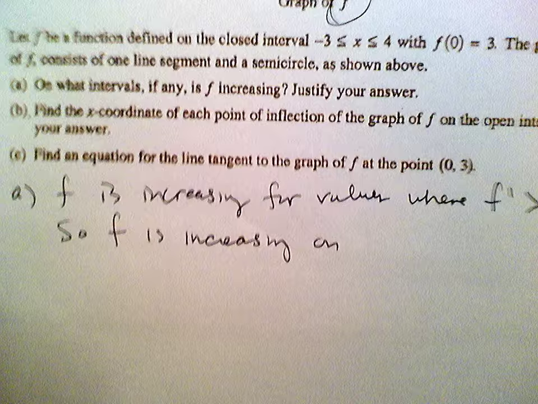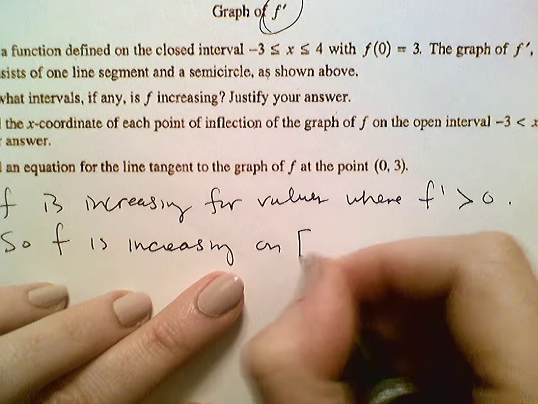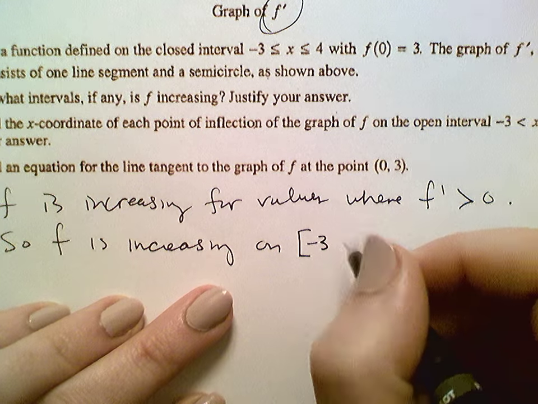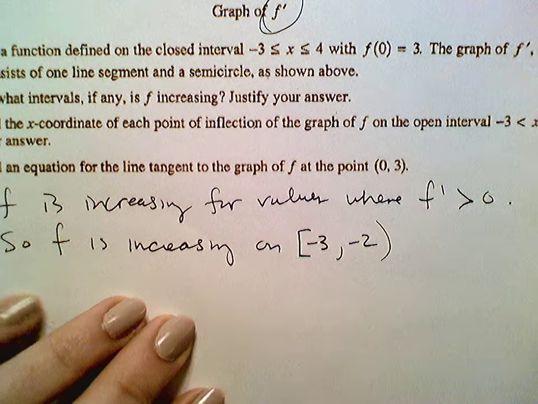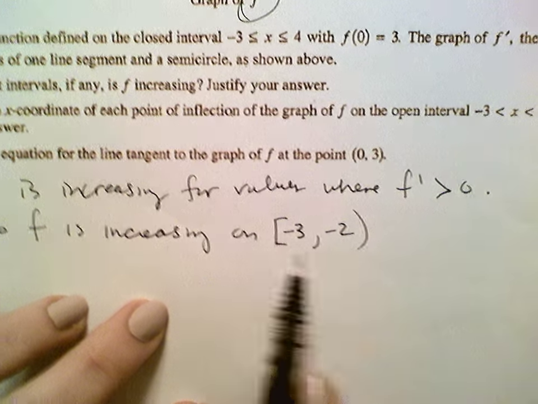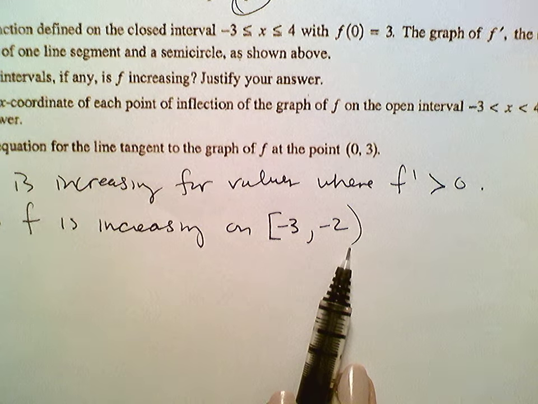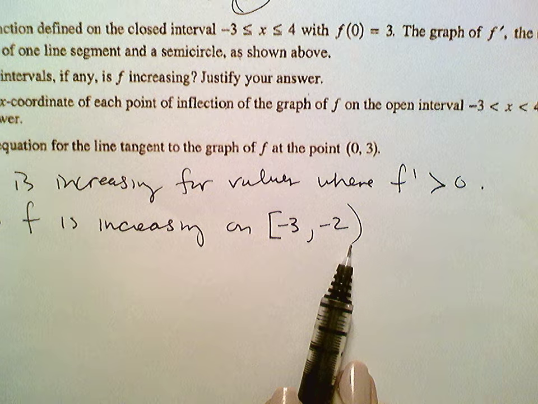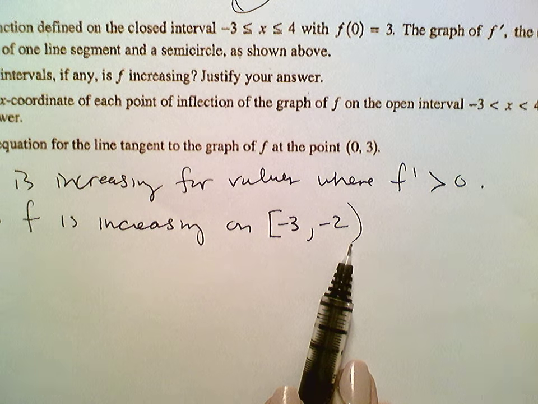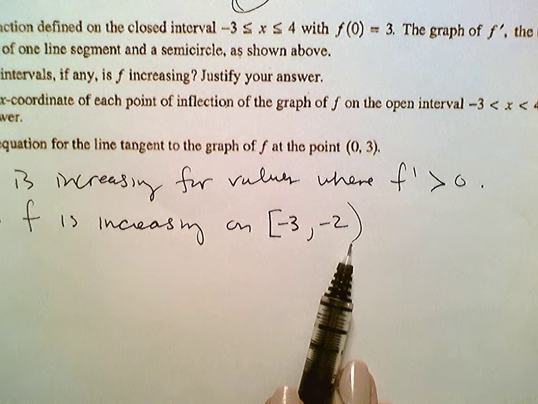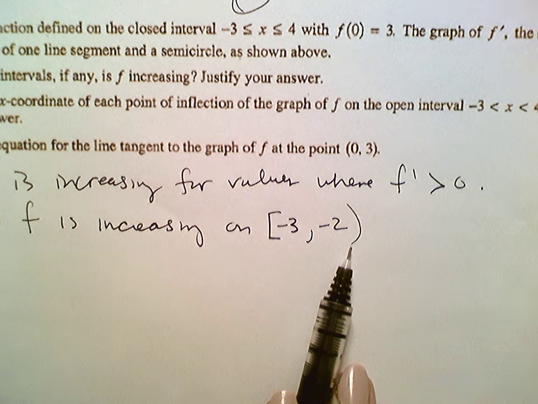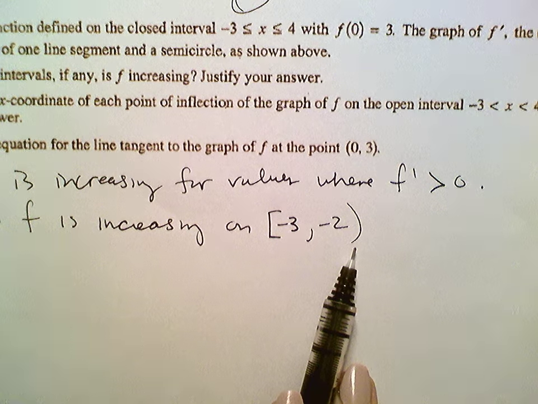Okay, so it's increasing on -3 to -2. Okay, -3 is included, and then it's 0 there. They actually included this, though, which had bothered me, so I should probably find out if it really should be included. I'm positive that you could go either way.